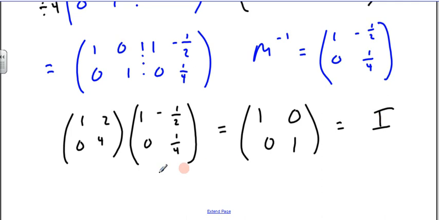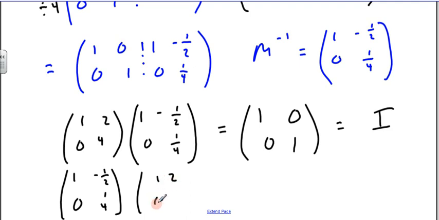Now it's supposed to work the other way too. 1, minus 1/2, 0, 1/4, and 1, 2, 0, 4. And I'm supposed to get the same thing. First row times the first column gives me 1. First row, second column gives me 0.